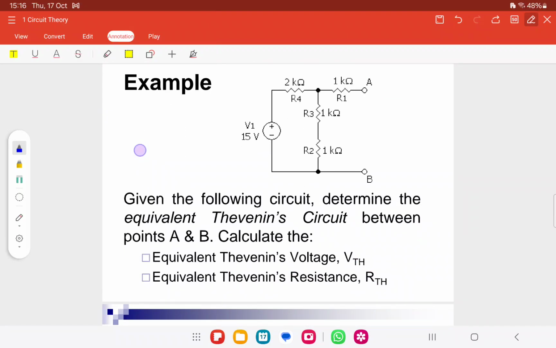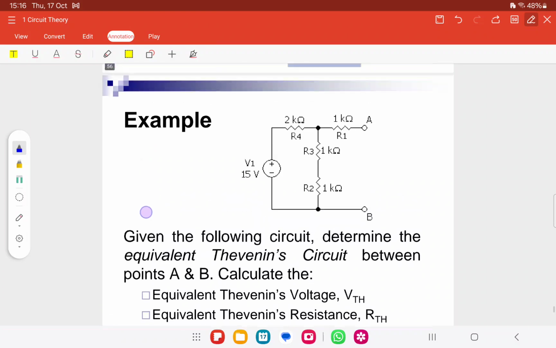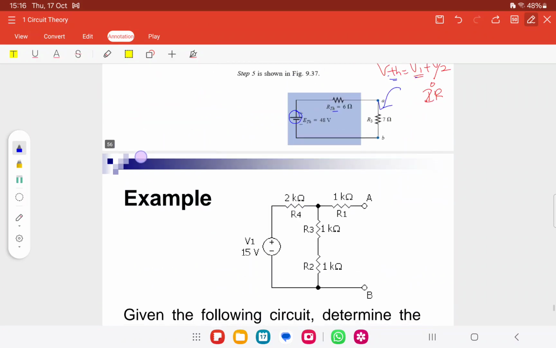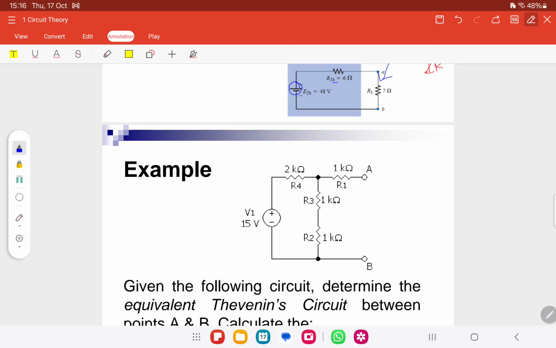This one kita skip lah kot, sama je dengan yang ni, tetapi this one dia ada dua. Okay, this one I just show VTH kat sini. Dia ada 1K, dia ada 1K lagi, dia ada 1K lagi B. This is A. Okay, and kat sini is yang pergi ke 2K ni kan.